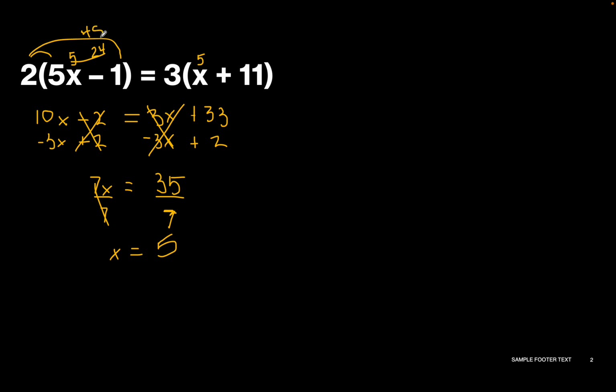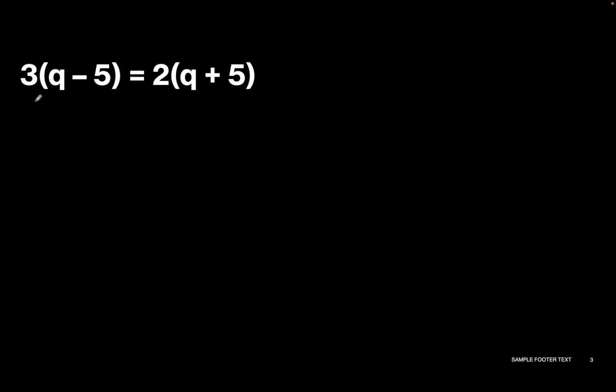So the big question is, is this side also 48? Well, let's find out. 5 plus 11 is 16, and 16 times 3 is 48. So it is true that x must be 5.